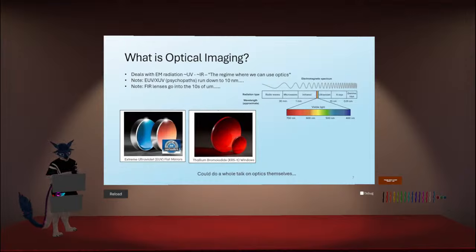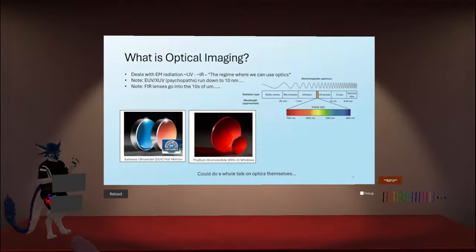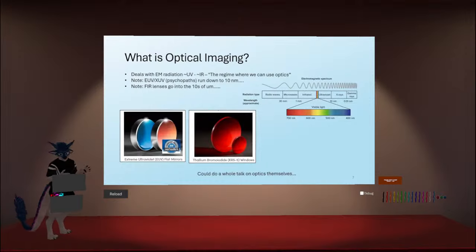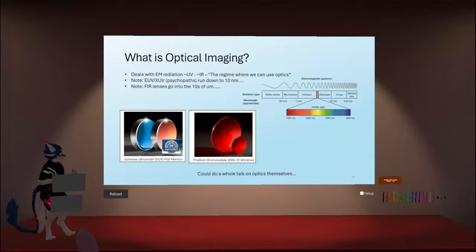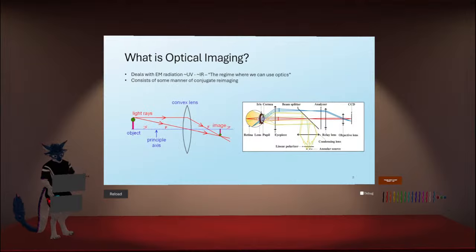And realistically, that extends really far into UV, if you look at some of the EUV stuff that's being done in modern lithography, all the way up to, man, very, very long wave IR. You start getting to crazy materials that don't even feel like they should be working for lenses and so on. So we're going to talk about stuff that deals with that kind of electromagnetic range.